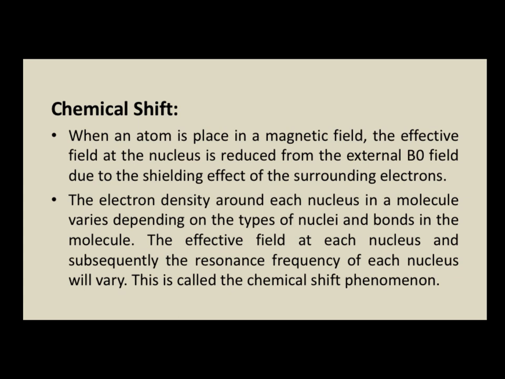So the effective field at each nucleus, and subsequently the resonance frequency of each nucleus, will vary. This is called the chemical shift phenomenon. Basically, different molecules, or protons at different sites inside one molecule, may have different resonance frequencies.